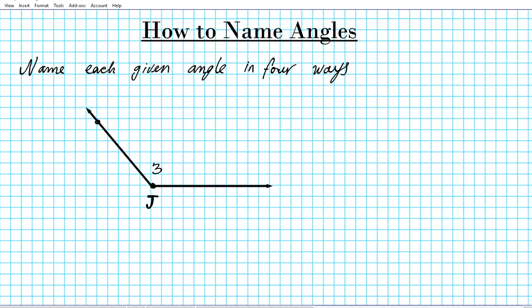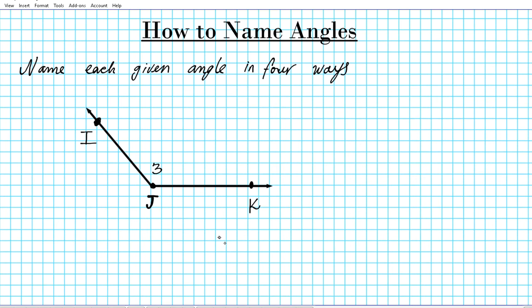Then this point on the ray starting from J, let's call it point I, and let's call this point on this other ray K. So we have this ray JK, and this ray JI, and the vertex is J.